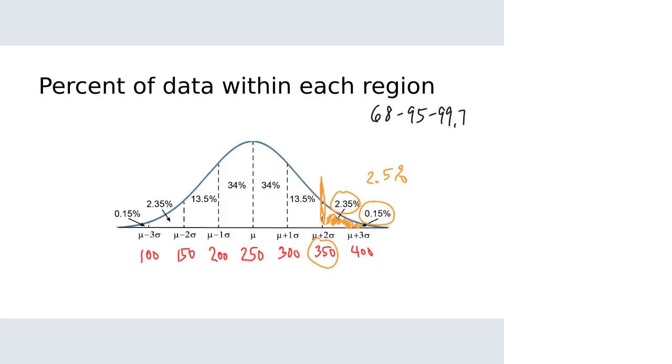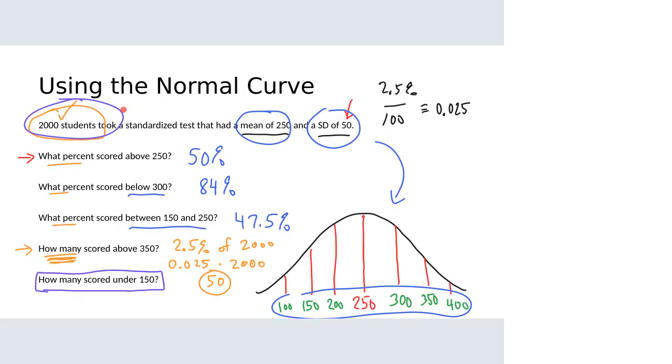Now, on our normal curve, this 0.15 out here, that's beyond 3 standard deviations above the mean. So this 0.15 takes care of everybody all the way up to infinity. So anything that's possibly out there to the right is included in that 0.15. The 2,000, Stephanie, came from the problem. We were given that in the problem.